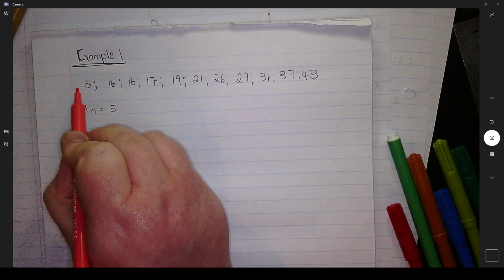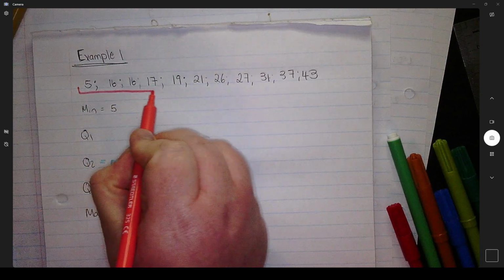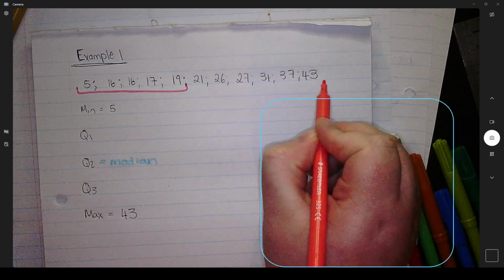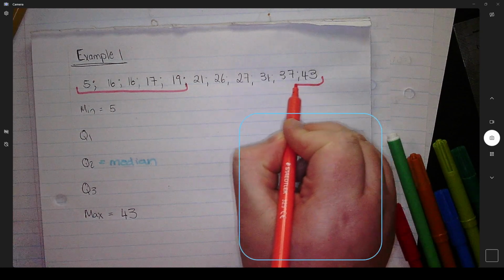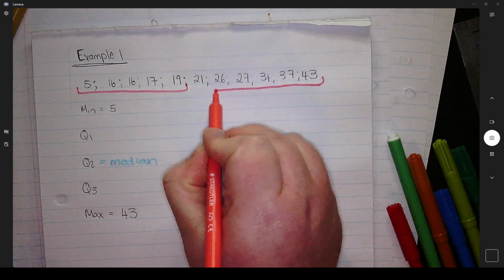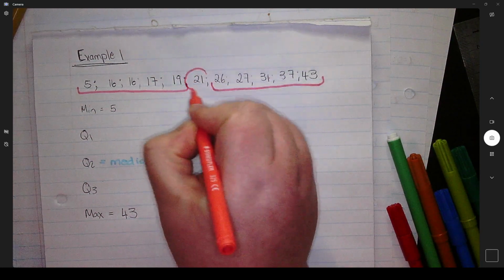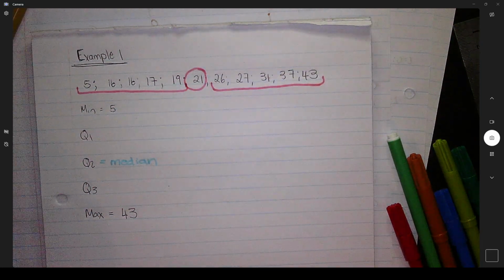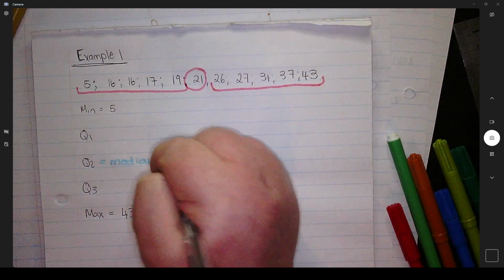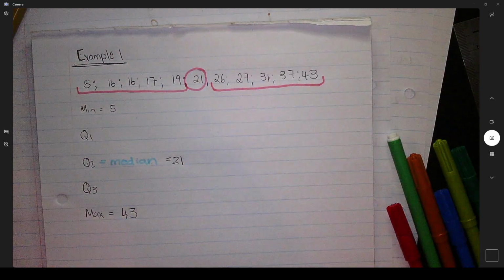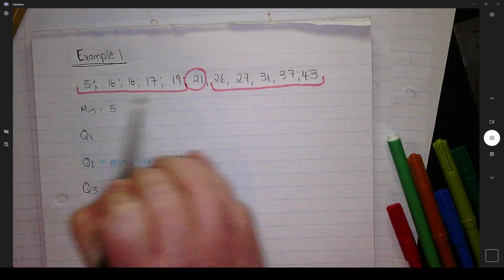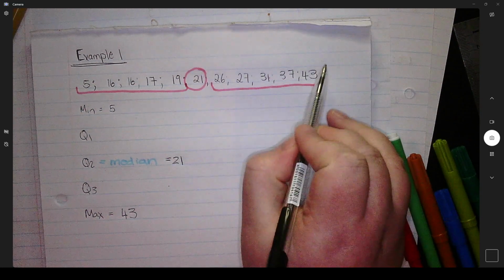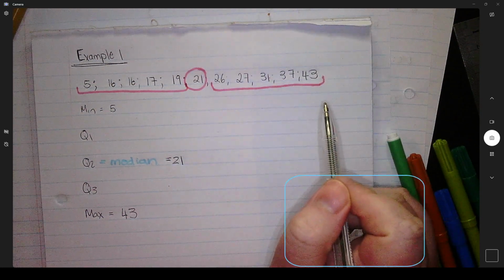That means I have 1, 2, 3, 4, 5 lower and 1, 2, 3, 4, 5 upper values. And my median is 21. All right. Your median itself is not part of the lower half or upper half of your data set.